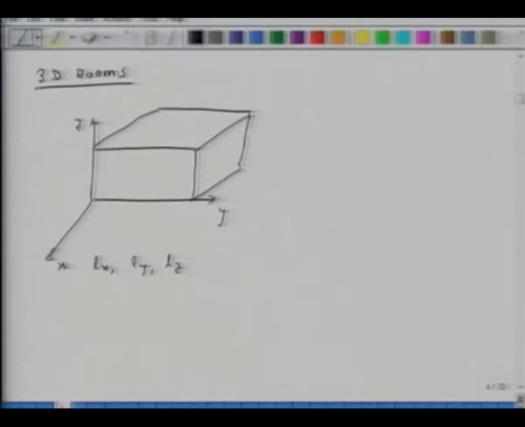So if I draw a 3-dimensional coordinate system and put a point in it, right? So I have a point P. This is my z-axis, y, x.